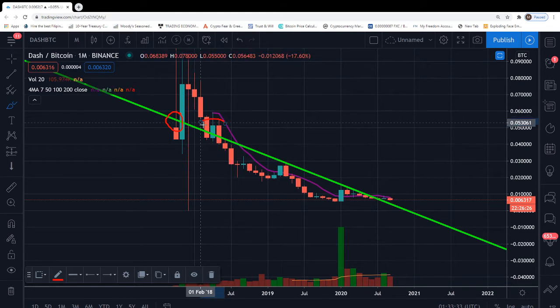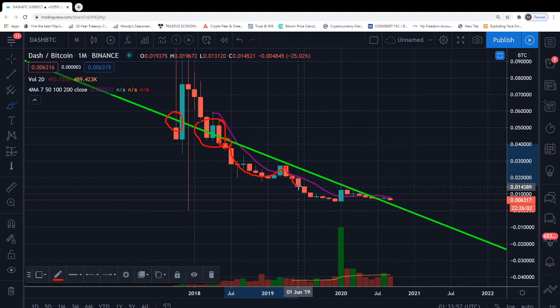And I'll go ahead and start circling the levels here. Just notice here, back in February, well, March rather, 2018, we got a cluster of price activity around this line, of course, before breaking down in June 2018. And we stayed below this line for quite some time, as you can see here, and just kind of caught another contact here in about April 2019, and of course got rejected and continued the trend, which is down here in Dash, which is very obvious.